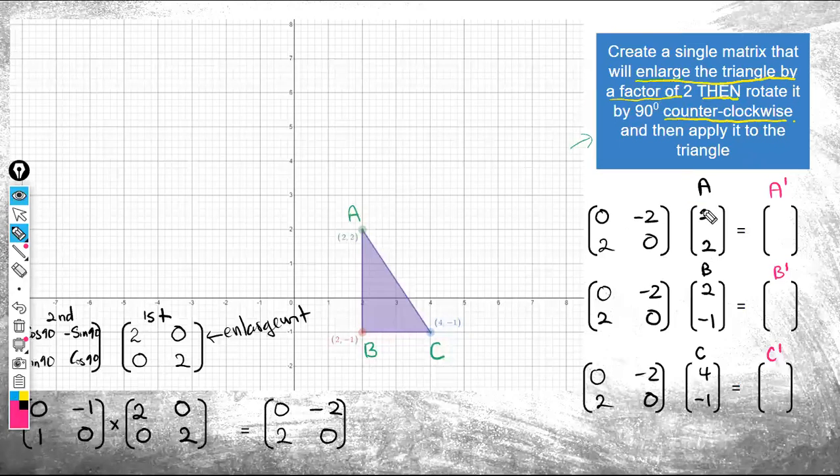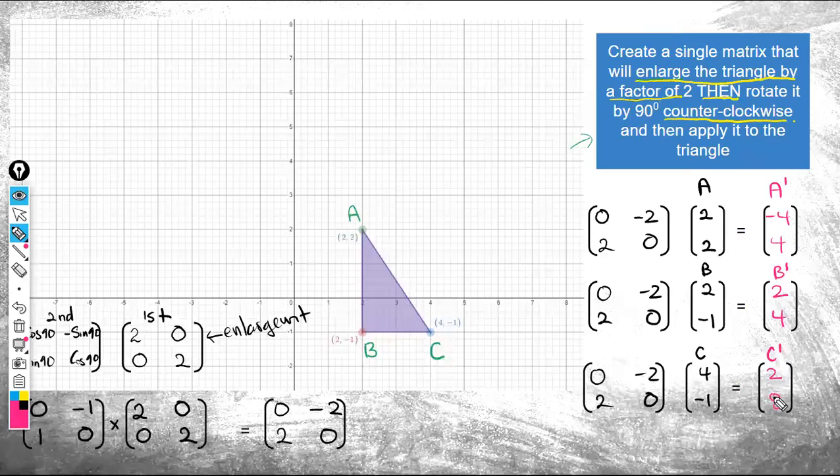You're getting 0, that's now, minus 4, 4. Yes, now just making sure. This one is positive 2, 4. And point C is positive 2, 8.